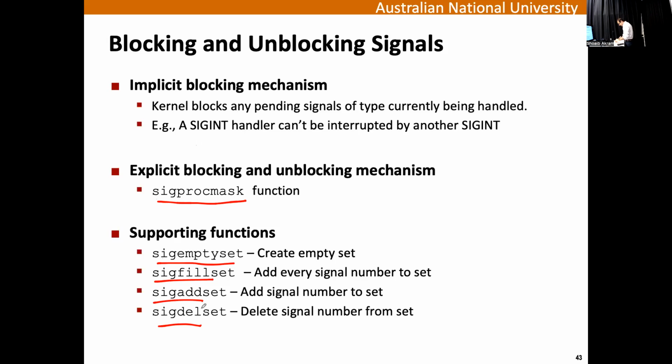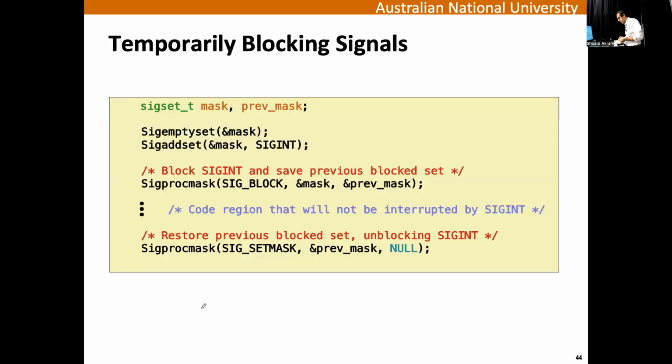Okay, so the sigemptyset function. You create a mask of this type. This is a bit vector, and you pass the address of this mask variable to different functions. sigemptyset initializes the mask, and it excludes all signals from the set that are defined by the system.